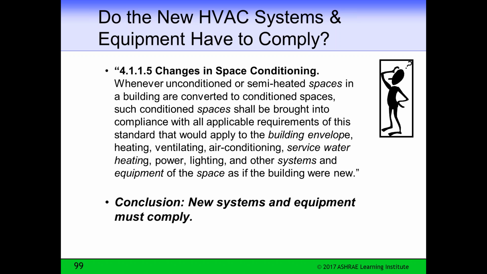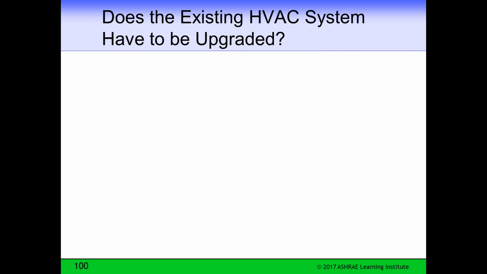Conclusion, new systems and equipment must comply. So a key to the understanding 9.1 is conditioned spaces. That triggers most of the compliance in the standard, if we're heating or cooling the space.